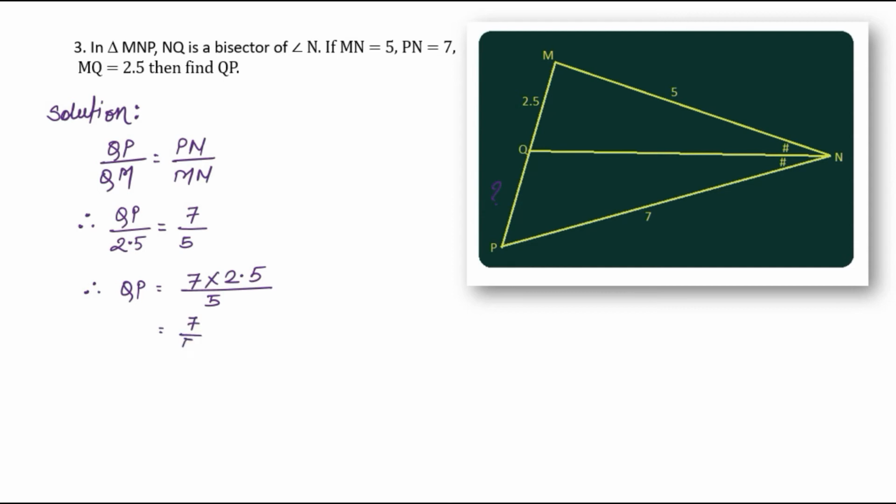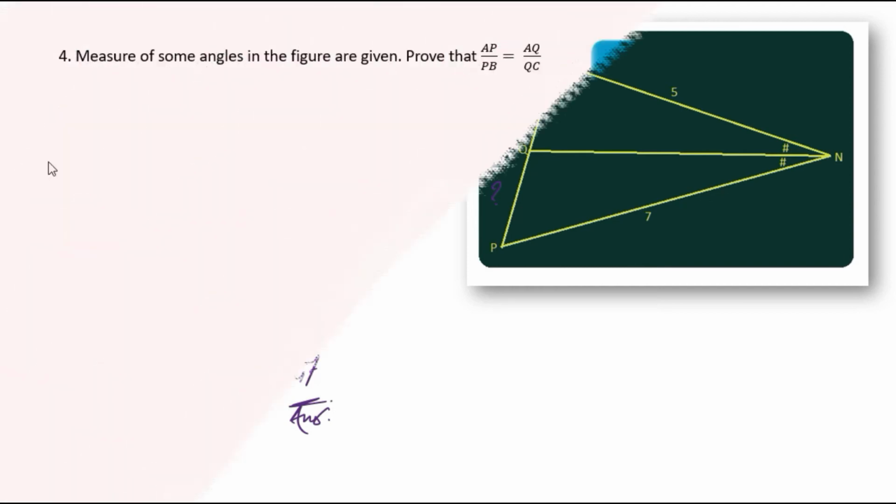So 7 upon 5 into 5 by 2. So 5 gets cancelled and 7 by 2, which means 3.5 unit. This is the answer for this question. So our QP is 3.5 according to angle bisector theorem.